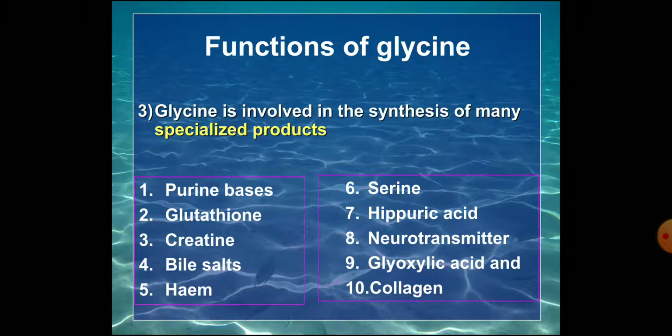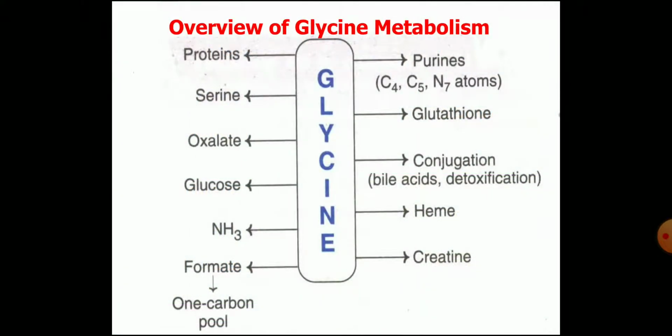So you have to study some of the products and how they are formed in the body. In this flow chart you can see that glycine produces protein. Serine is formed, and oxalate, which is an excretory product. Glucose is produced from glycine, as it is a glucogenic amino acid. Just like any other amino acid, the final product is ammonia, which can be converted to urea.